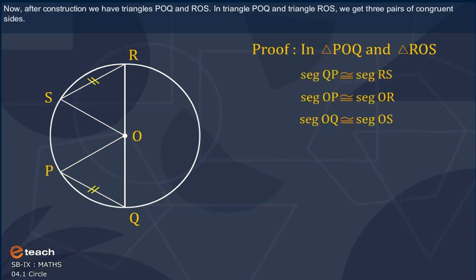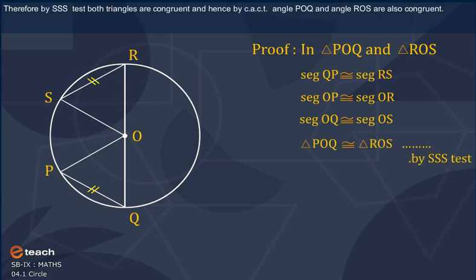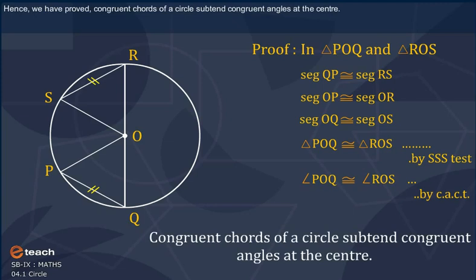In triangle POQ and triangle ROS, we get three pairs of congruent sides. Therefore, by SSS test, both triangles are congruent and hence, by CACT, angle POQ and angle ROS are also congruent. Hence, we have proved congruent chords of a circle subtend congruent angles at the center.